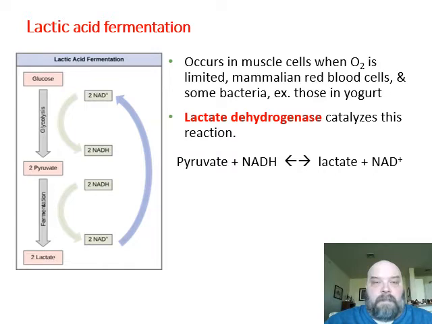Lactic acid fermentation is going to take those pyruvates and oxidize that NADH, strip off the hydrogens, releasing new NADs. Pyruvate, through a series of steps, becomes lactate, lactic acid. The NADs can then be used by glucose to go through another round of glycolysis.